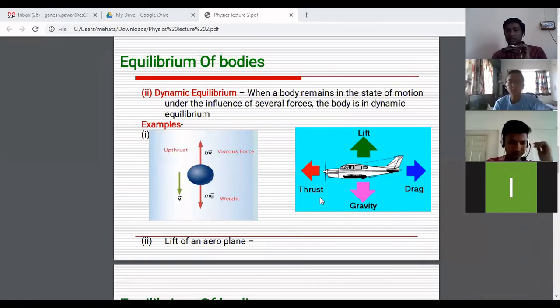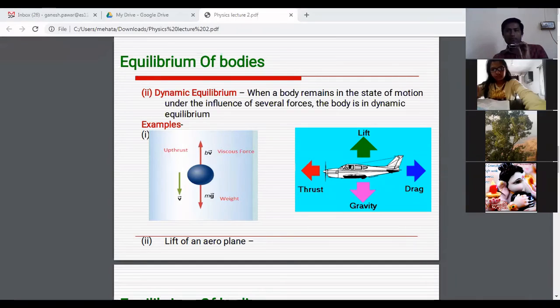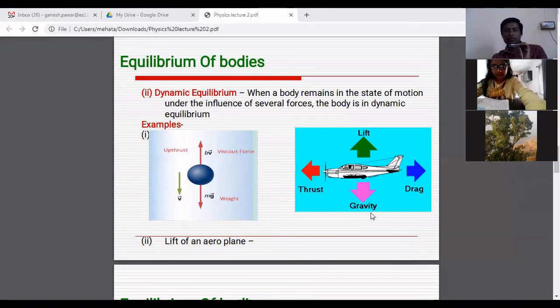Now remember that in an exam, they will always ask a question: explain the concept of dynamic equilibrium with the example of a raindrop. My question is to Avanti. Avanti, are you there?